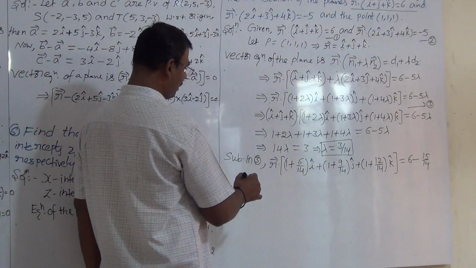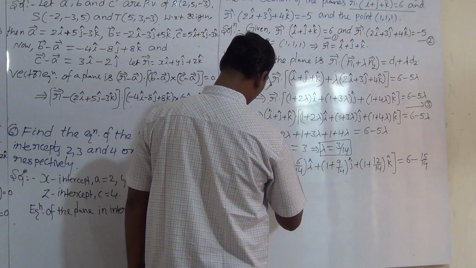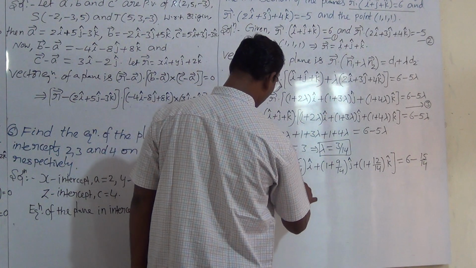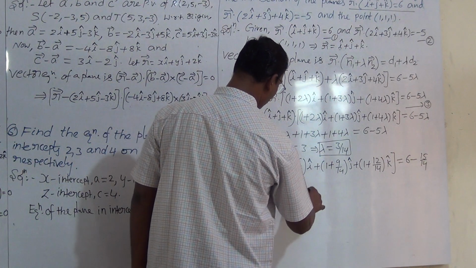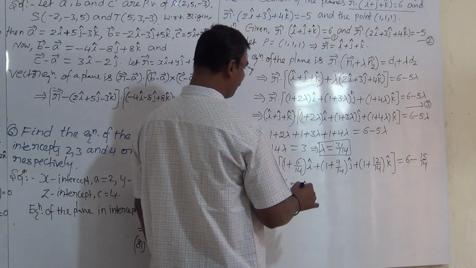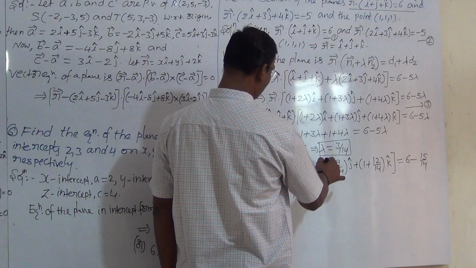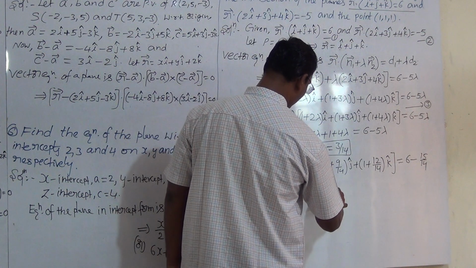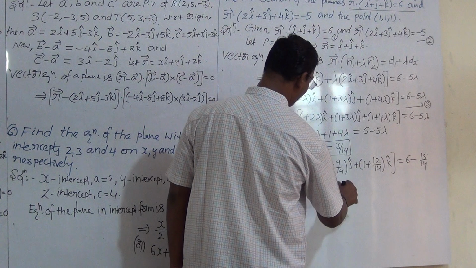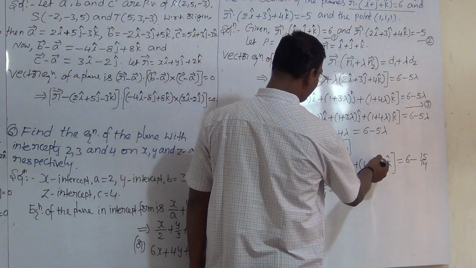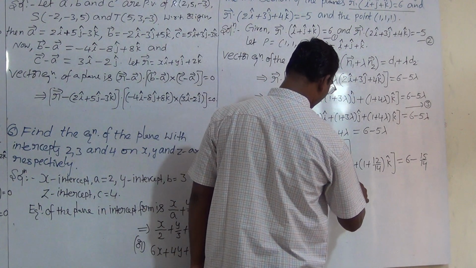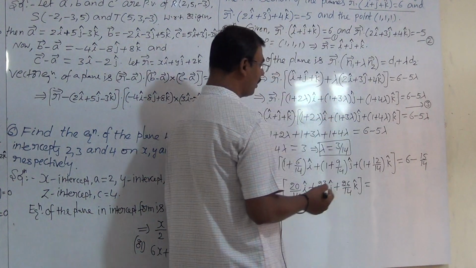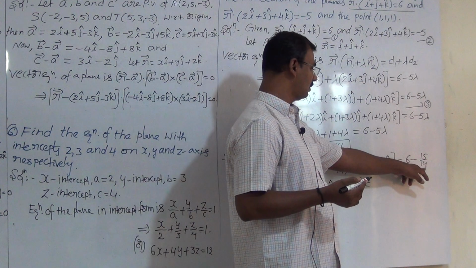Further simplification: r bar dot (14 plus 6, 20 by 14 into i cap, plus 14 plus 9, 23 by 14 into j cap, plus 14 plus 12, 26 by 14 k cap) is equal to 14 into 6.